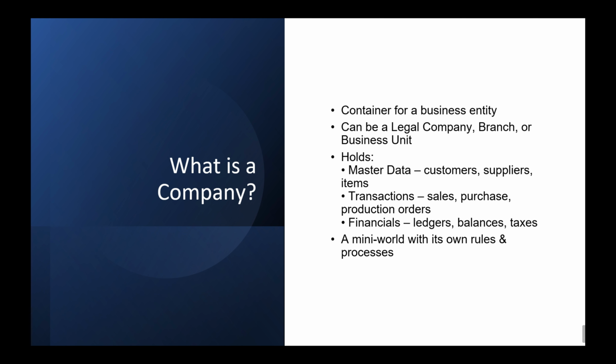So inside this company, LN is going to store your master data like your customers, suppliers, items, units, and many other masters also, and your transactions like your sales orders, purchase orders, production orders, and other flows according to your needs, your financial records like all your ledger balances and tax details. So all these things are going to be stored in your company.